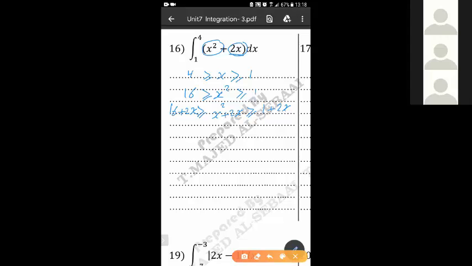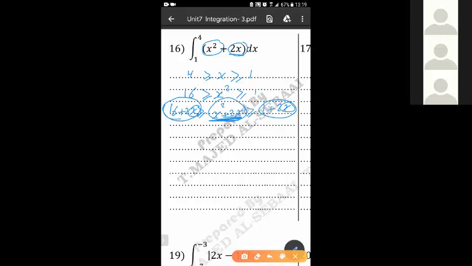Yeah, I got my function, but the problem is I have x in this side and x in this side, and to find the upper limit and lower limit, I need numbers, not functions, not variables like x and x.